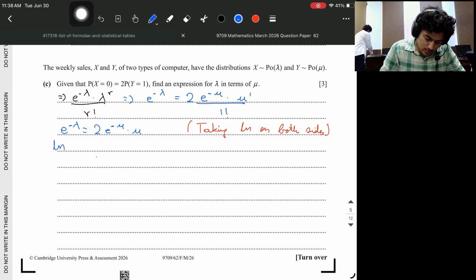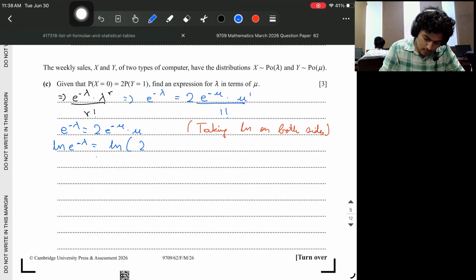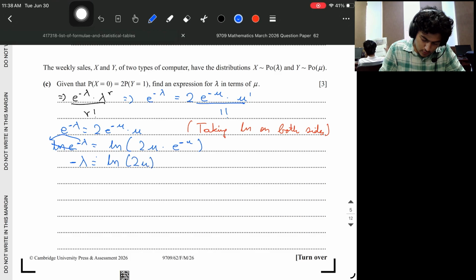So applying ln on both sides, we'll get e to the power of minus lambda equals ln of 2e to the power of minus mu, or rather I should just put mu together, times e to the power of minus mu. Solving this further, this will cancel out and this power will come down here. We'll be getting minus lambda equals ln of 2 mu plus ln e to the power of minus mu.